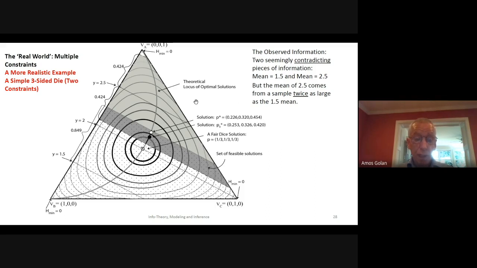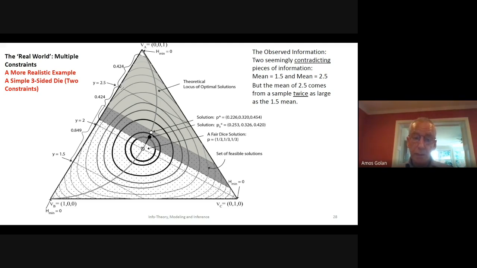So think of this story here. We basically played the same die, the same population, 2 times. One time it gave us a mean of 1.5, which is here. The other time, with the same die, it gave us 2.5. It has to be the same die because we want the probability distribution of this die.